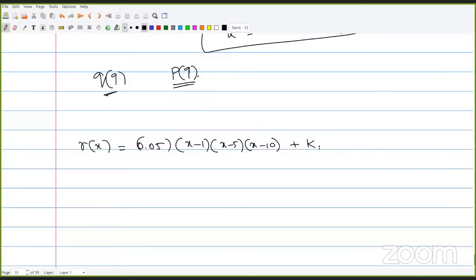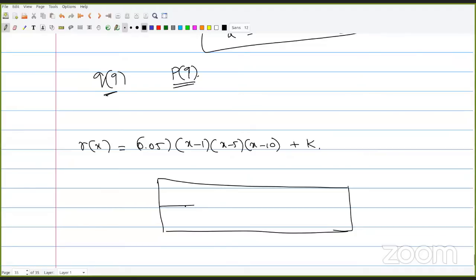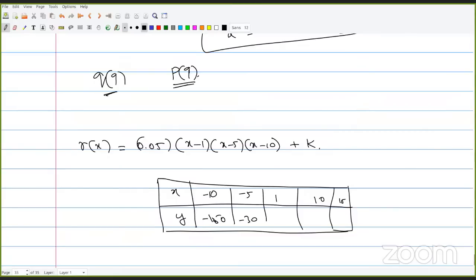So this is the predicted model given to you, and the actual data is also given to you, where x is -10, -5, 1, 10, 15, and the y values are -150, -30, 15, 15, 50.